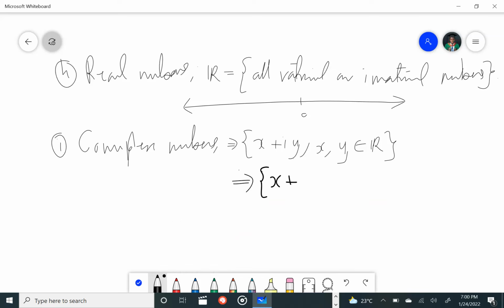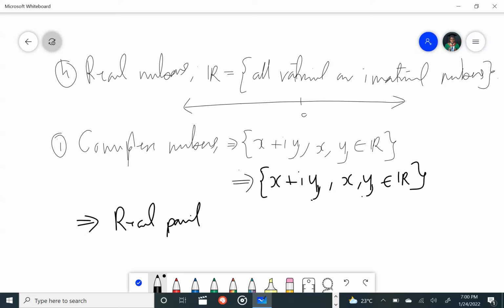So x plus iy, where x and y are actually elements of real numbers. So how complex numbers are, they are like this. These are numbers where they have two parts. They have the real part and the imaginary part.